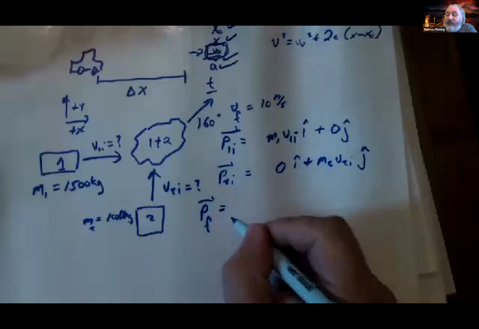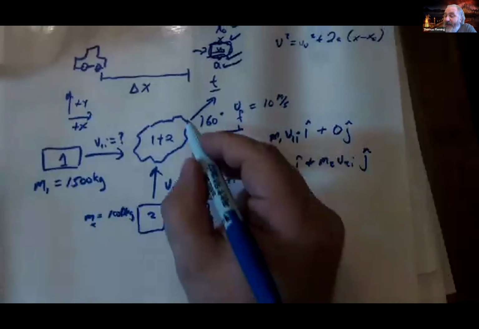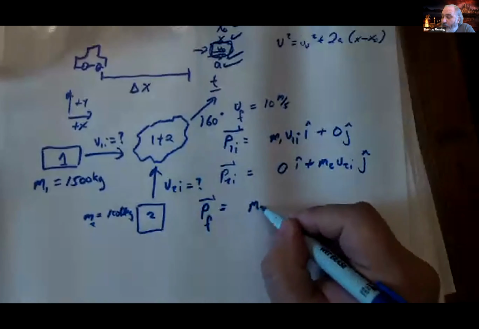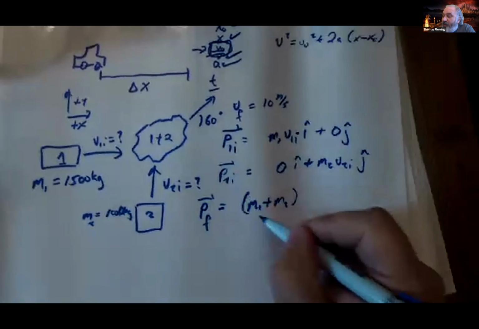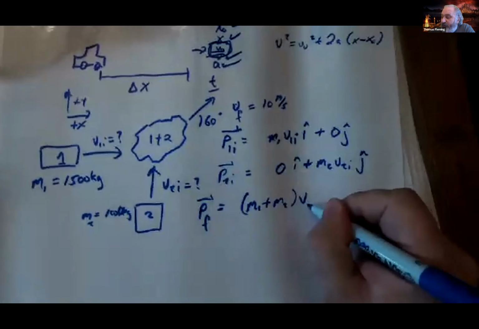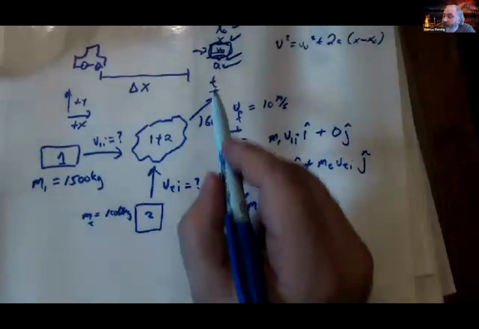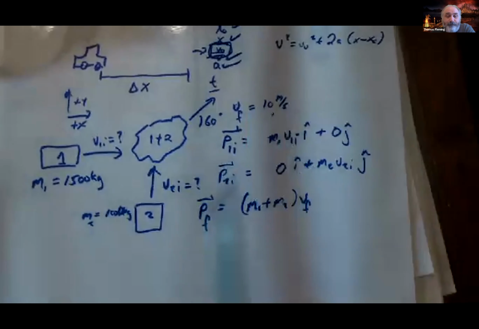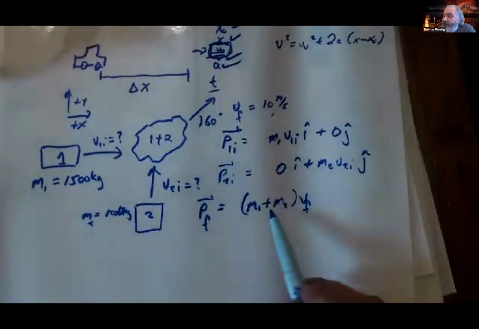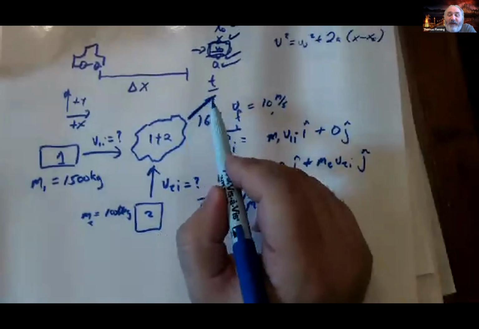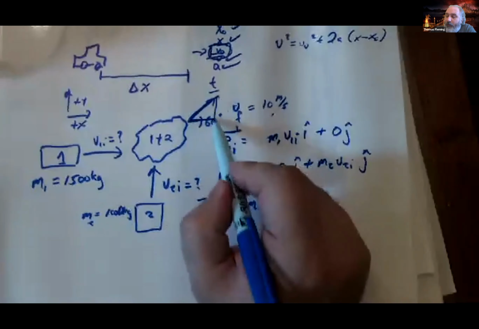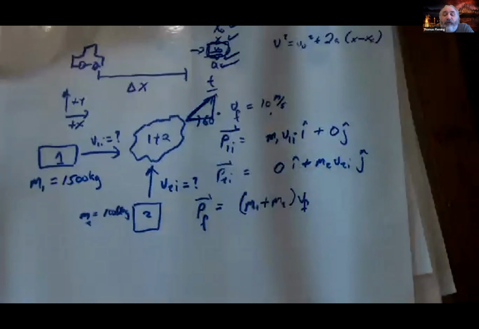And of course, the magnitude of that momentum is going to be the mass of everything, which in this case is m1 plus m2, times the velocity of everything, which is v final, which we know to be in the problem 10. However, this is the magnitude of the total. I need to break that down into x and y components. And this is a diagonal. So it's going to have an x part and a y part, which I can get those parts using SOHCAHTOA.